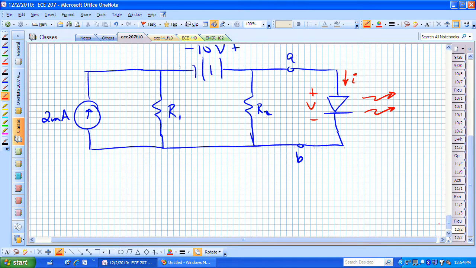Let's now try to find, so in this case the diode sees the same circuit.